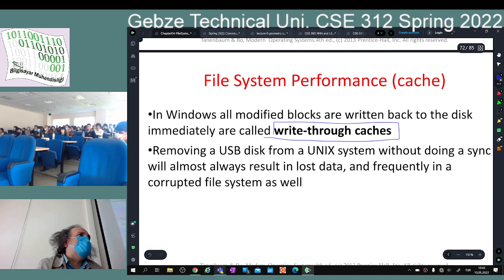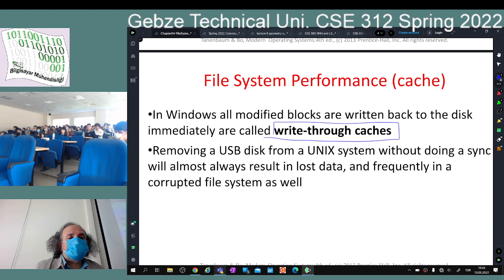Unix uses the other way. Unix says that, okay, I am a stable operating system. I don't crash that often. So I am going to keep all the modified blocks and all the referenced blocks in my cache until I am running out of cache space.